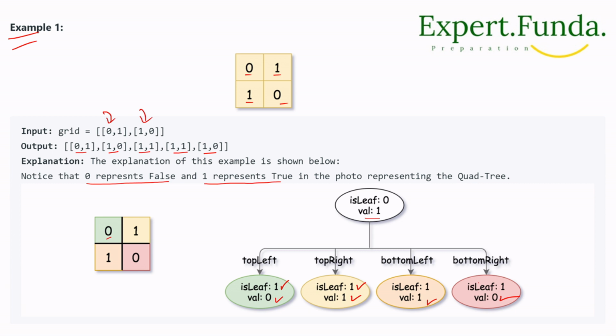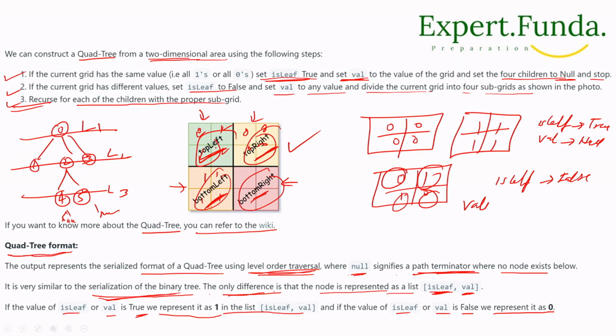Now we will put it into a list. We have to store this in a list, so we take isLeaf and val.